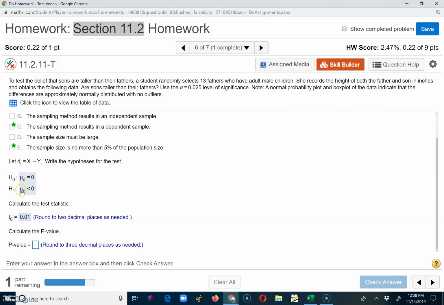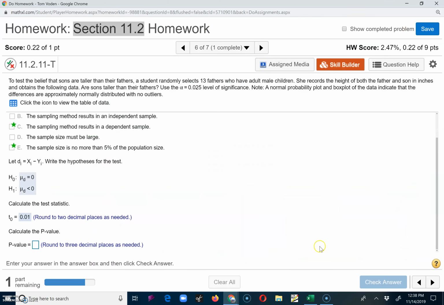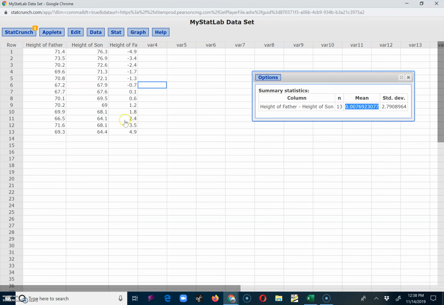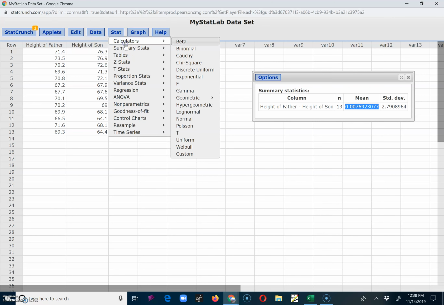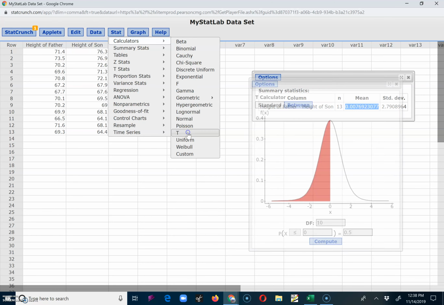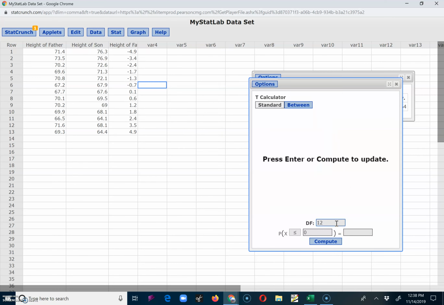And since this is a left-tailed test, the book hints us there, the left-tailed test means I'm looking for a p-value to be the leftmost area. So I'm going to, again, go into StatCrunch, except this time I'm going to put up a t-distribution calculator. And degrees of freedom should be the number of matched pairs minus 1.